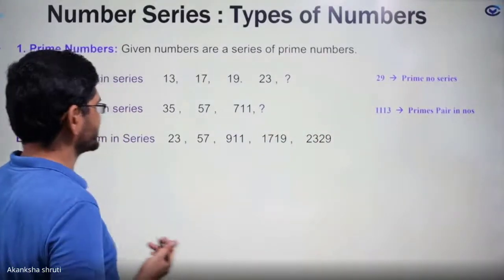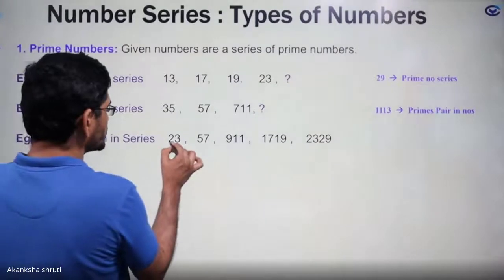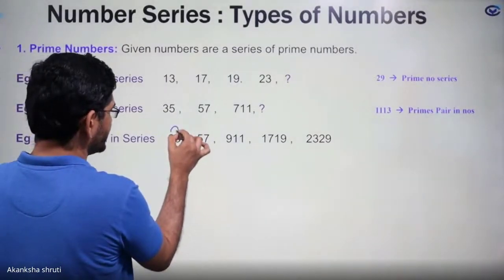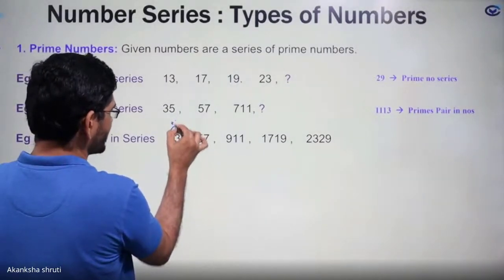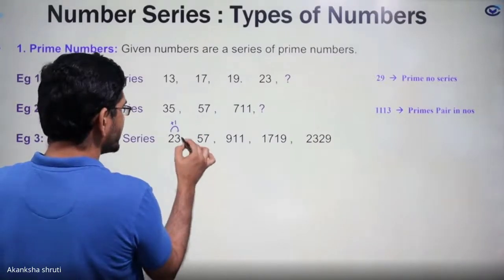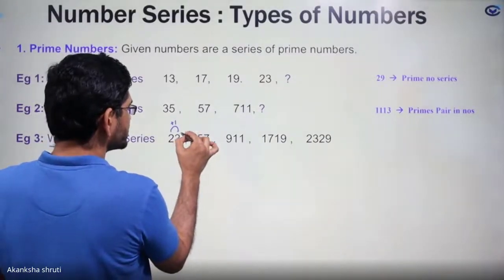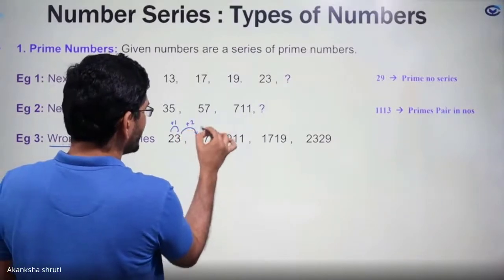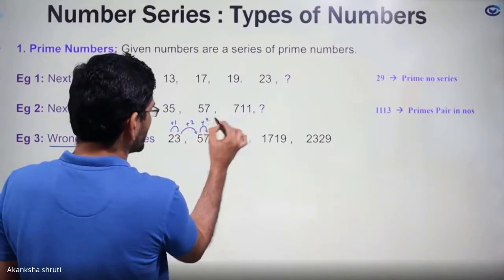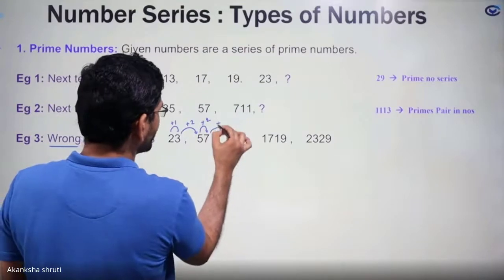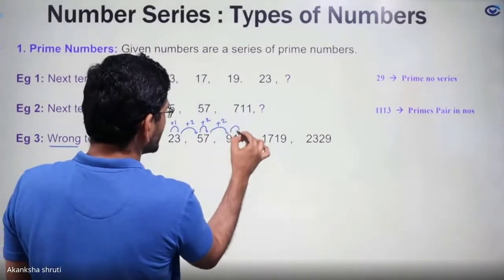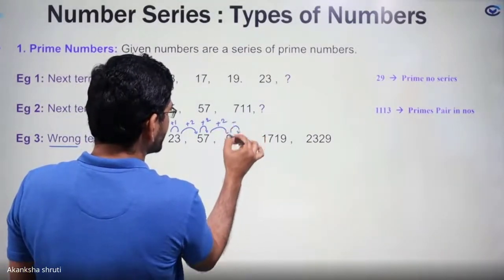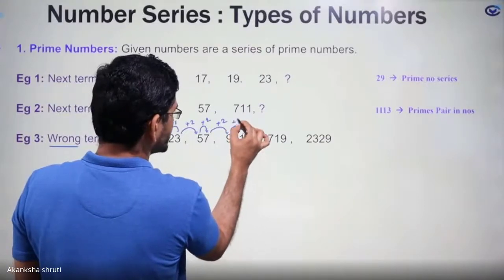How is the variation? Here 2 to 3, if we are considering within them, it is increased by 1. The next one is 3 to 5, it is increased by 2. 5 to 7, it is by 2. 7 to 9, by 2. Then it is 9 to 11, by 2.